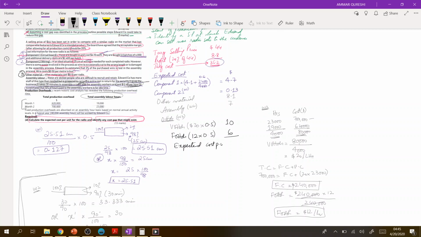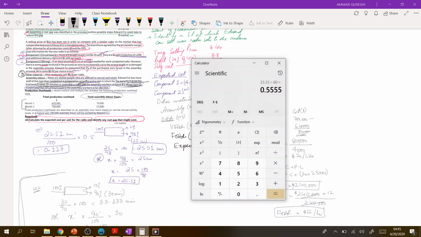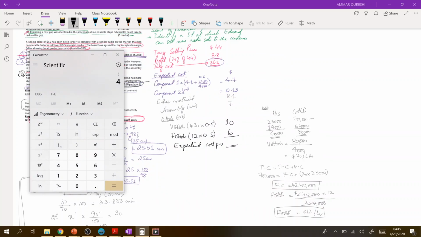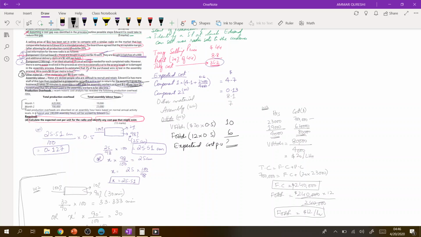Expected cost per unit. Let me try to calculate this. 4.7 plus 0.13 plus 8. It's 35.93, right?